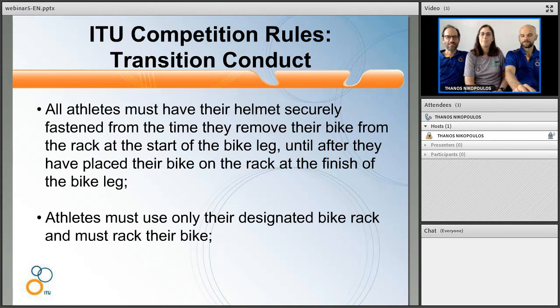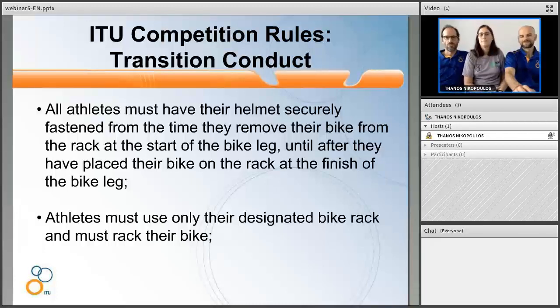Yeah, basically, this is probably something that you've all experienced. One of the most common mistakes that we find in transition is the behavior of the athletes with the helmet. We must ensure that the helmet is always fastened on the athletes whenever they have the bikes in their hands.